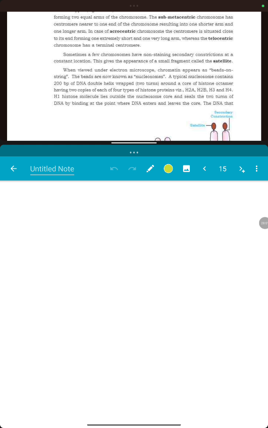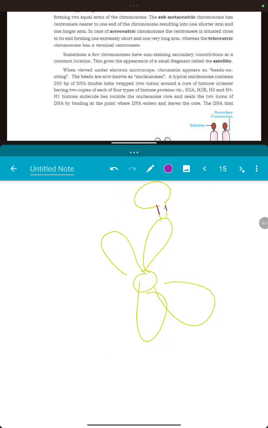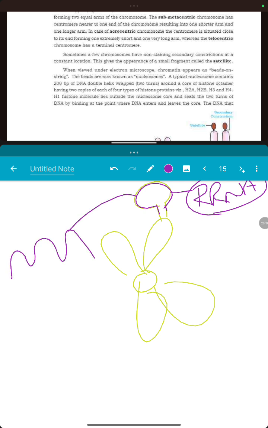Sometimes a few chromosomes have a non-staining secondary constriction at a constant location. This gives the appearance of a small fragment called a satellite. So this is the chromosome, and this is the satellite. Ribosomal RNA genes are present here. From here ribosomal RNA, or tRNA, is produced.